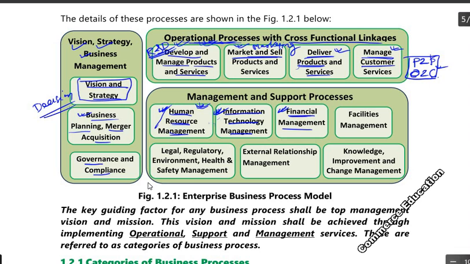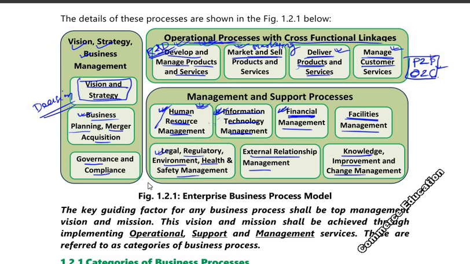But budgeting is the management process, because it has control on other activities. It can manage activities by limiting the budget. Facilities management, legal regulatory environment, health safety management, external relationship management, knowledge improvement, change management.